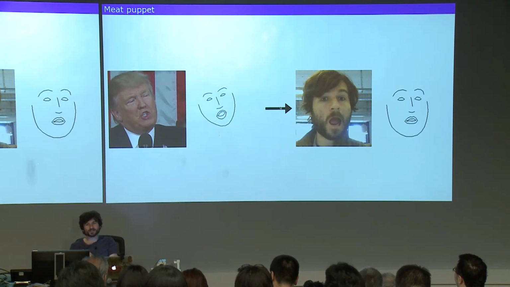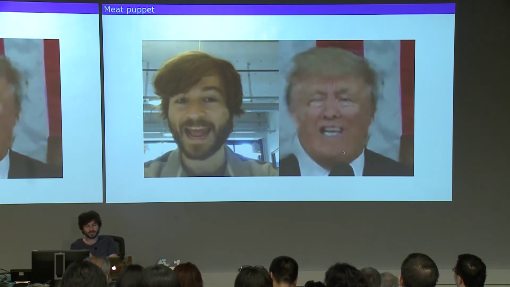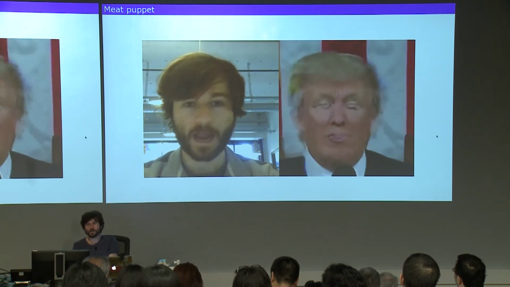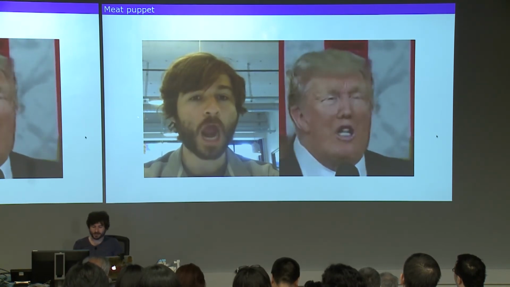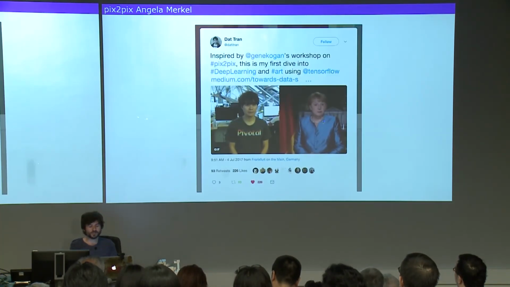And Mario also did the Trump thing, so I just got that from him. Basically, the Trump meat puppet. You guys have already seen this. It's hideous, but of course, it's warning us of a very dark future. So a student of mine did the same thing with Angela Merkel, the Chancellor of Germany.